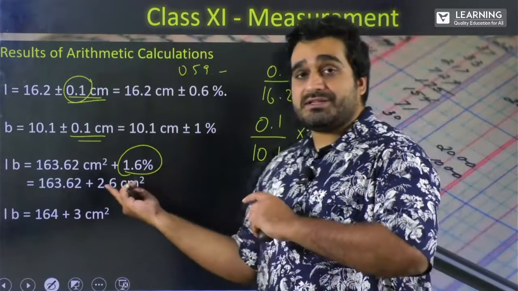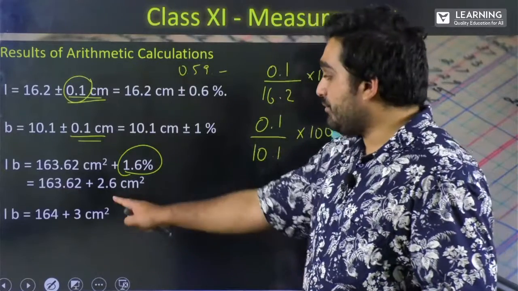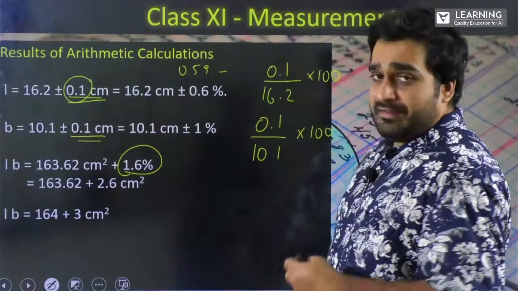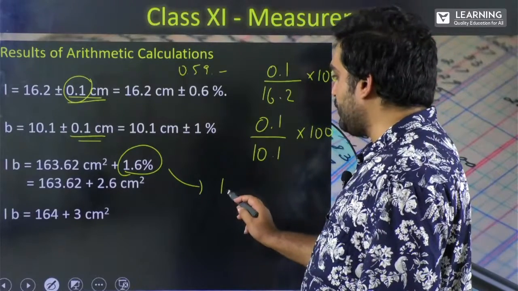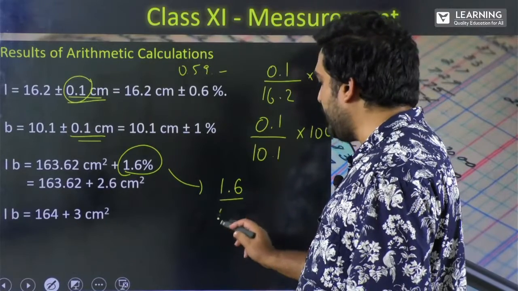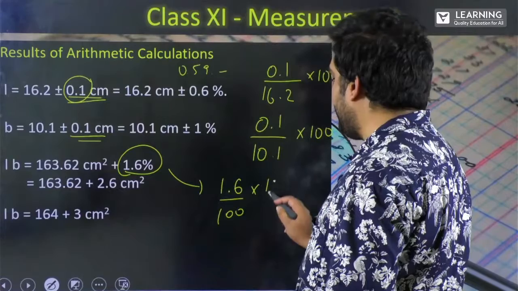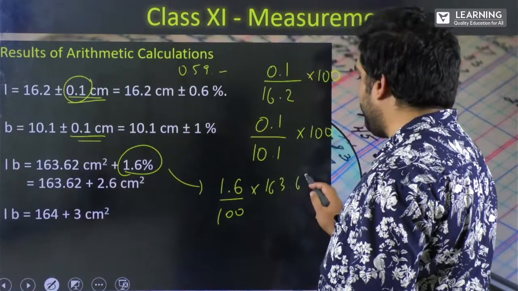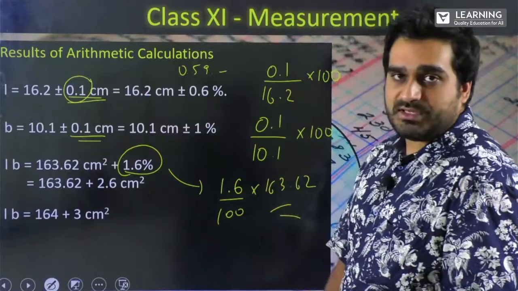And that 1.6% is then converted into its actual value. The calculation used here is 1.6 divided by 100 times 163.62. Do this calculation and you get 2.6.